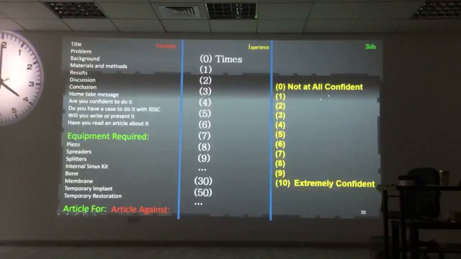Okay. Skills. Let us talk about skills. Now, in terms of confidence in placing implants on a 14-year-old girl on a central incisor, zero is none of you are confident, 10 is 100% you're confident.